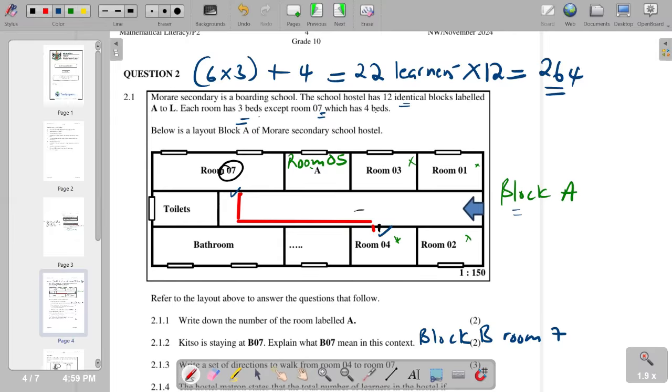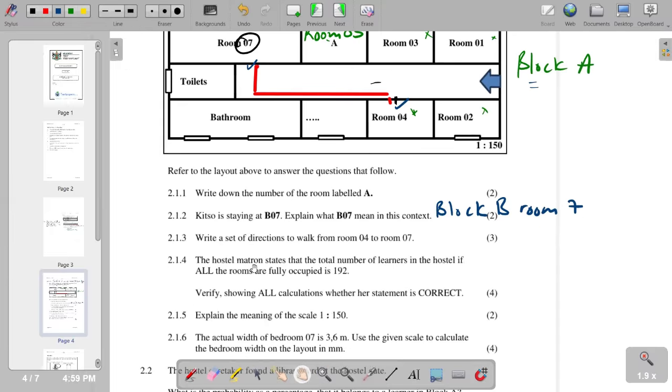So our question is saying the hostel matron says that the total number of learners in the hostel, if all the rooms are fully occupied, is 192, which makes the statement invalid. So in our conclusion, you are going to say the statement is invalid. So this is what we have for this part.